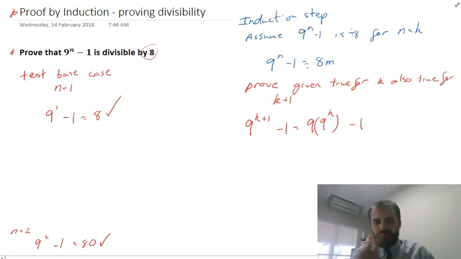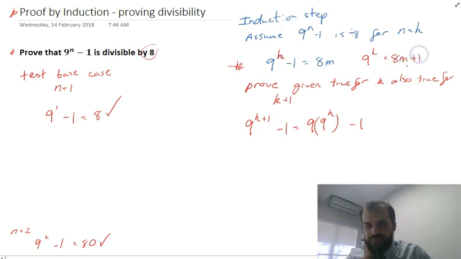Now, at each juncture here, at each step, take a look back to your original and say, can I substitute this into this? Well, if I rearrange this a little bit, I'll have 9 to the k is equal to 8m plus 1.